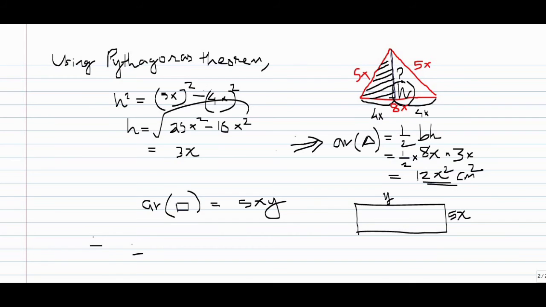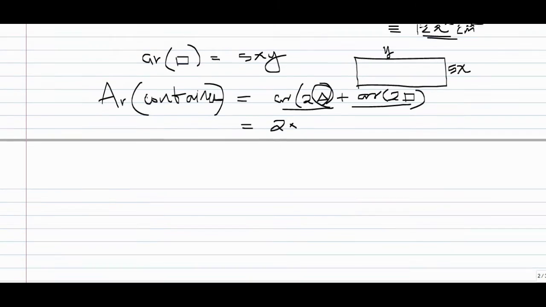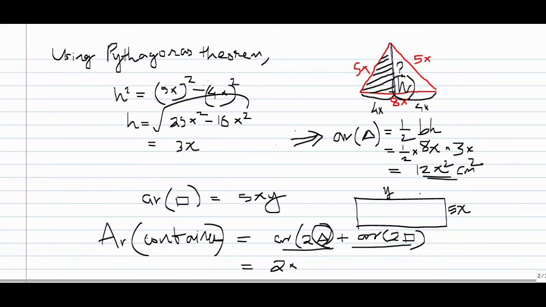So the surface area of container can be found by area of container is equal to area of two triangles plus area of two rectangles. That is 2 times area of triangle we already found as 12x squared.